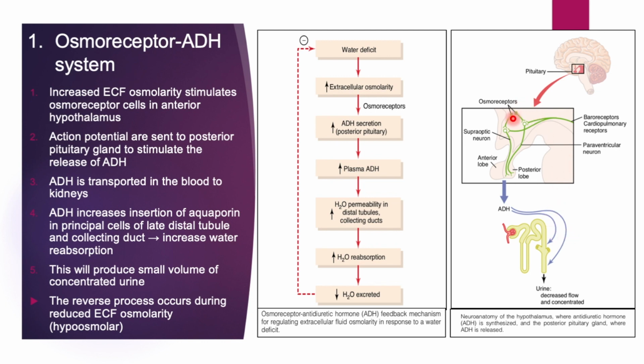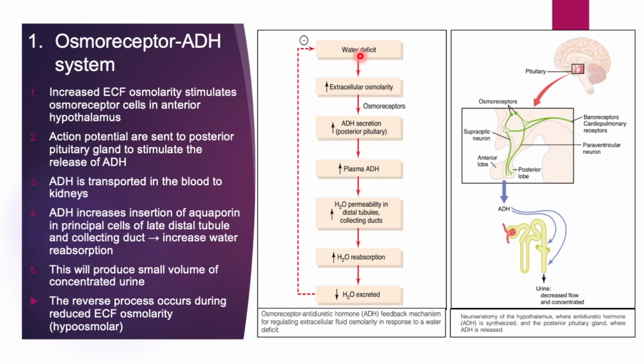The hypothalamus contains two types of neurons that synthesize ADH, which are supraoptic and paraventricular neurons, where both of these neurons have axonal extension to the posterior pituitary. Once ADH is synthesized, it is transported down the axons of the neurons into the posterior pituitary gland and will be stored in the vesicles.